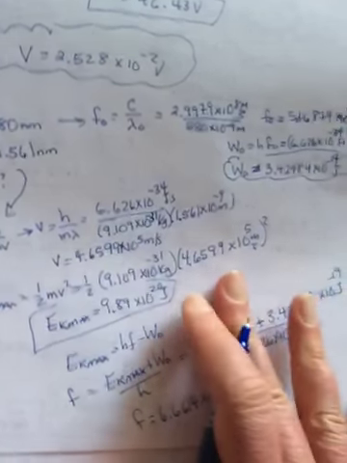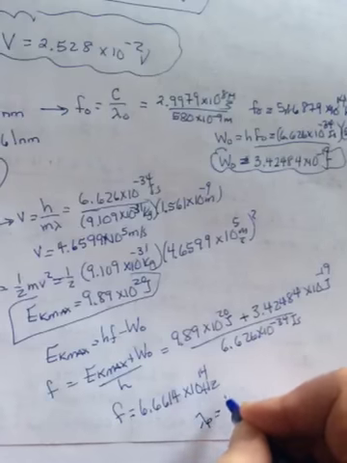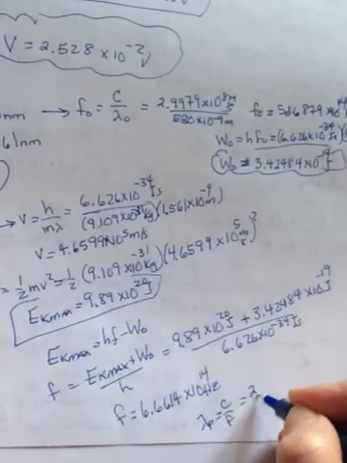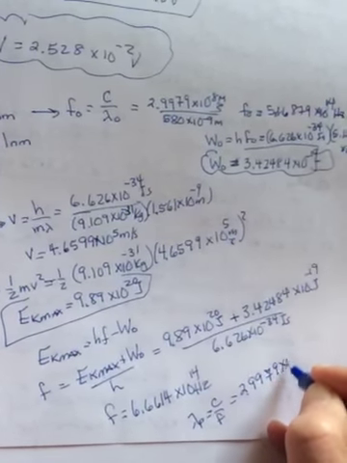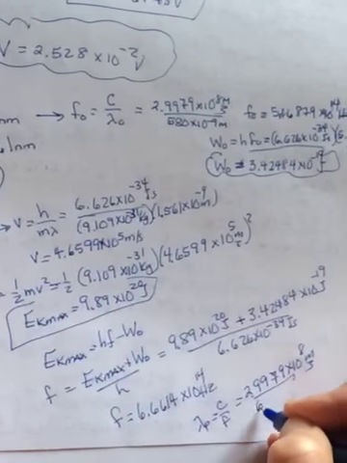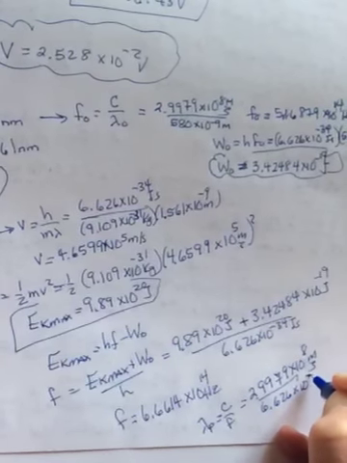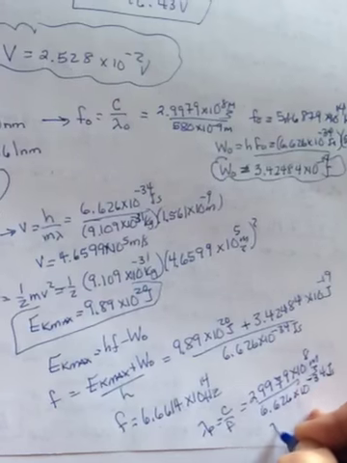But now the question asks for lambda of the photon. So lambda is equal to C over F, so 2.9979 times 10 to the 8th meters per second over 6.6614 times 10 to the 14th hertz.